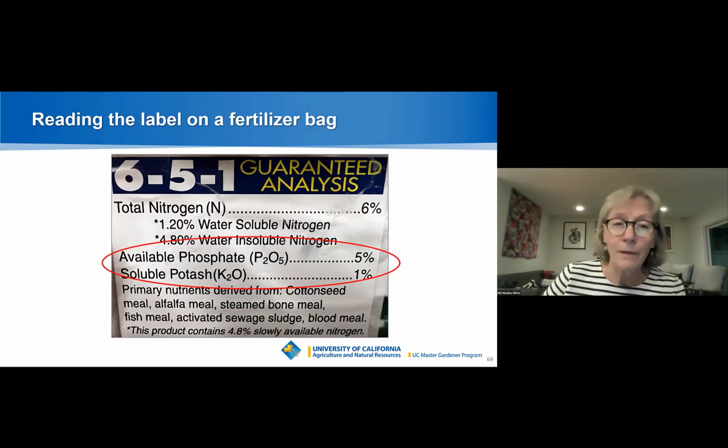The potash similarly is soluble, and so it's immediately available. And the phosphate, the fact that it says available here means that the fertilizer contains a necessary phosphate for the plant, and it will be released into the soil solution if the pH is appropriate.